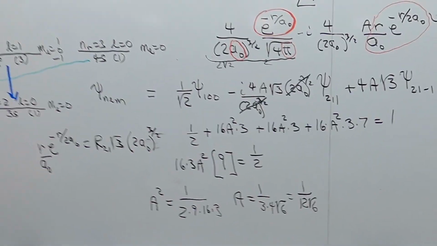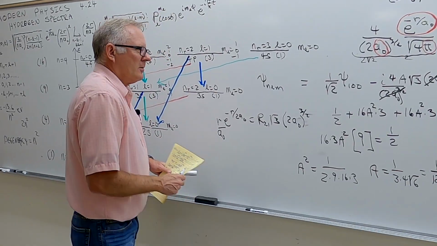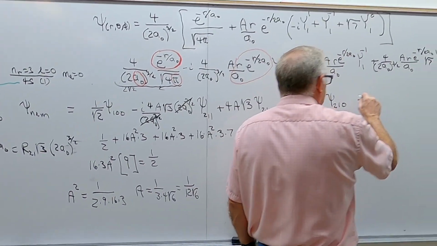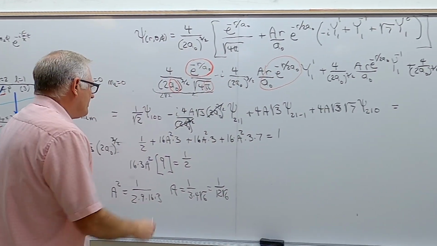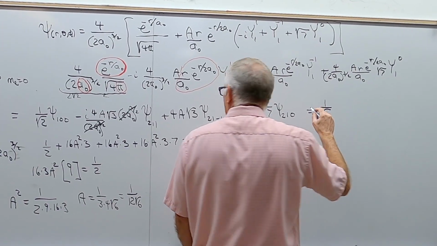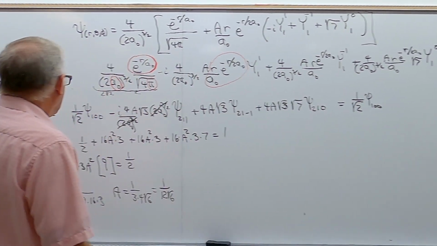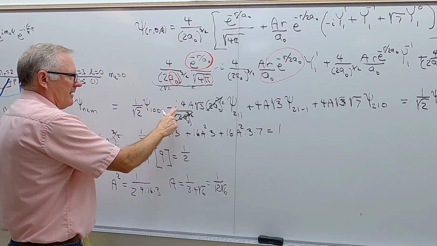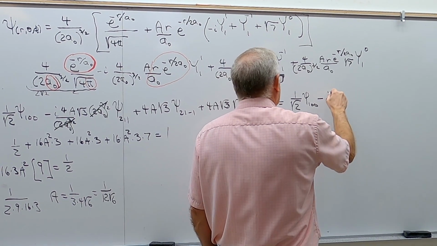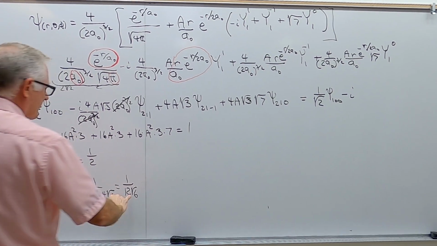Okay, now we know what the wave function is. So if I were to rewrite this and put in our value of a, this first term stays the same, 1 over the square root of 2, psi 1, 0, 0. This next term right here, we get minus i 4 square root of 3 times my a.